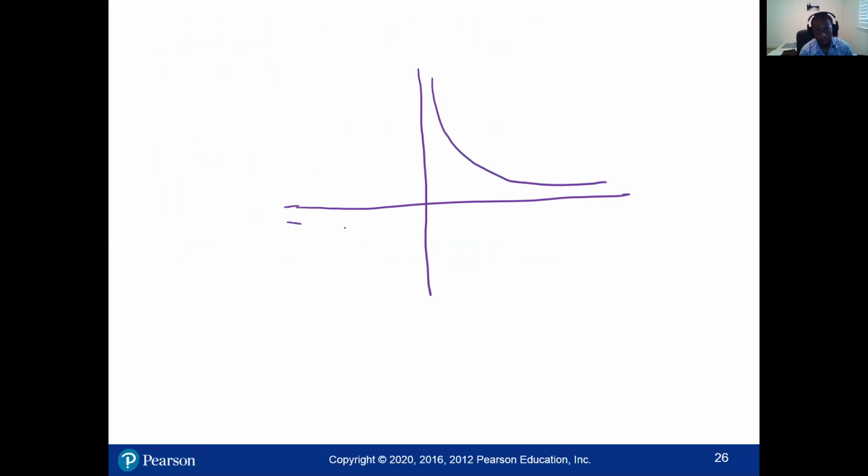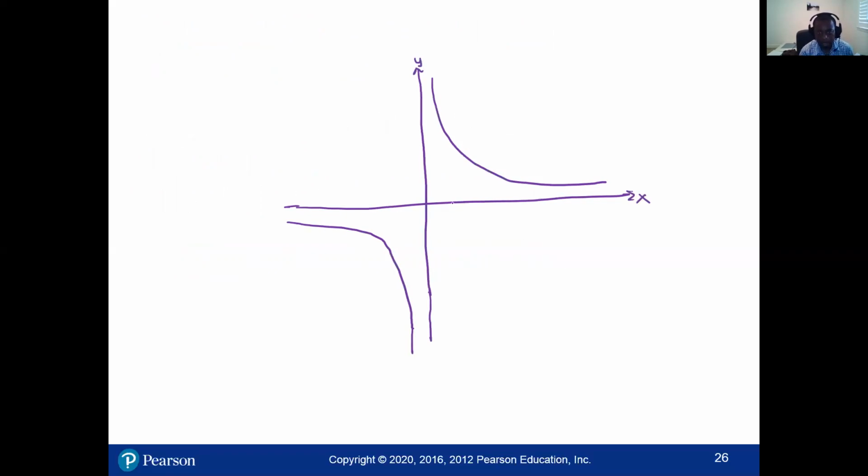Okay, so let's graph it here. This is my graph, the basic graph. It's going to be like this. This is your Y axis and that's your X axis.